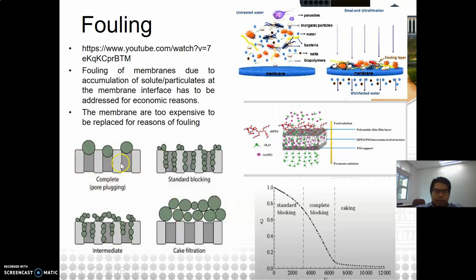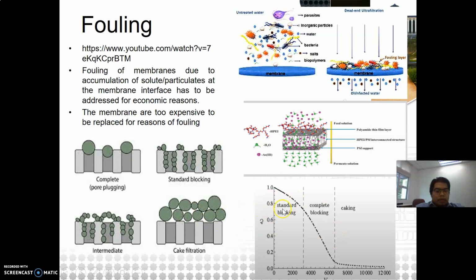This is our membrane with its pore. Here is standard blocking, so we can still remove it and still use the membrane. And here we have complete blocking, so we block the membrane. This one we can call intermediate blocking. This is how it looks. Here is cake filtration. This is what we don't want.